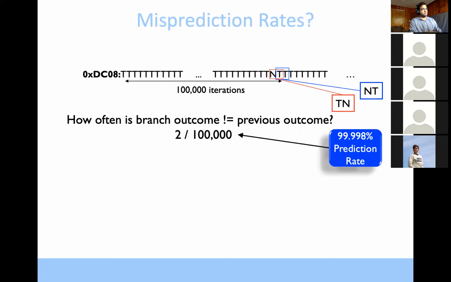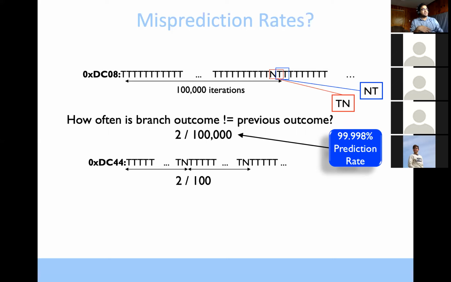So the prediction rate for a 1-bit branch predictor for the first for loop branch is whatever, 99.998%.